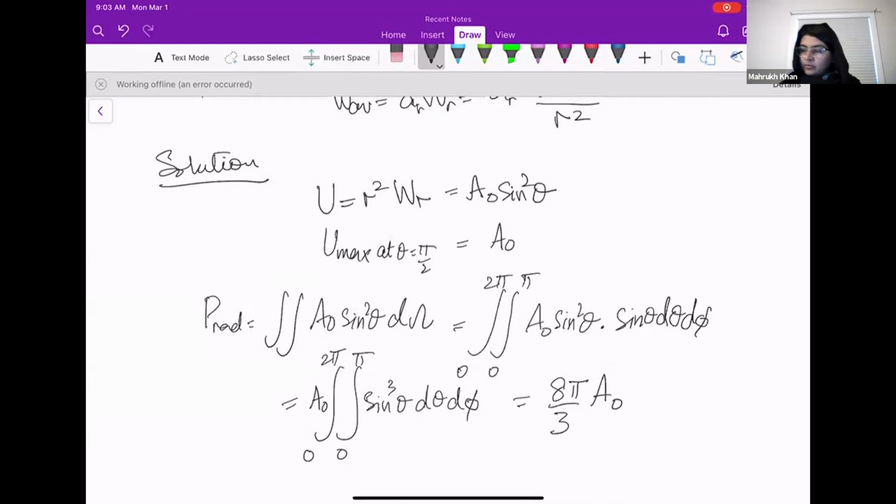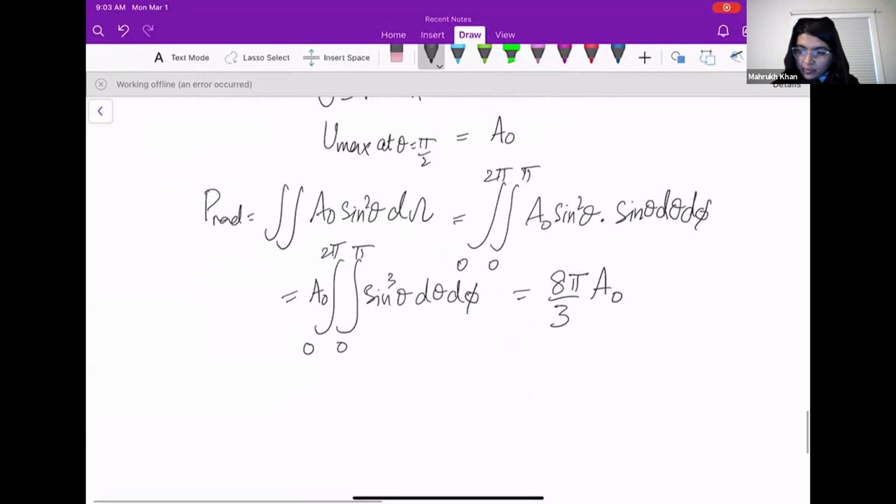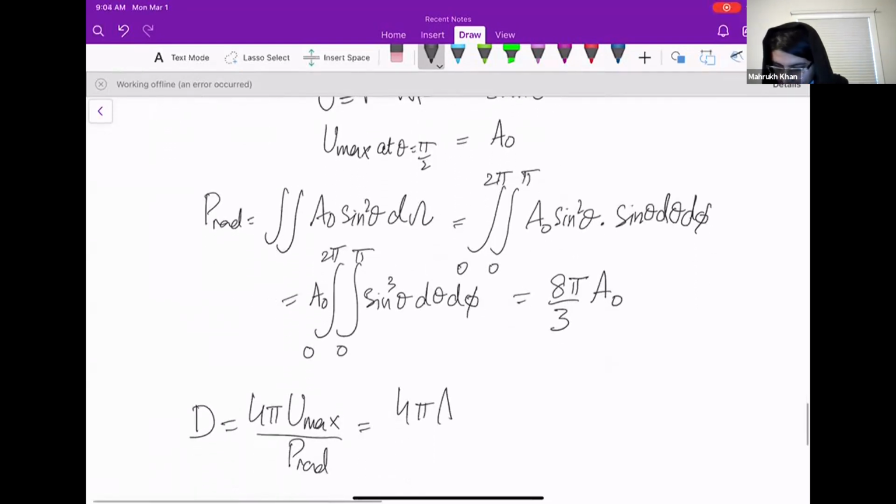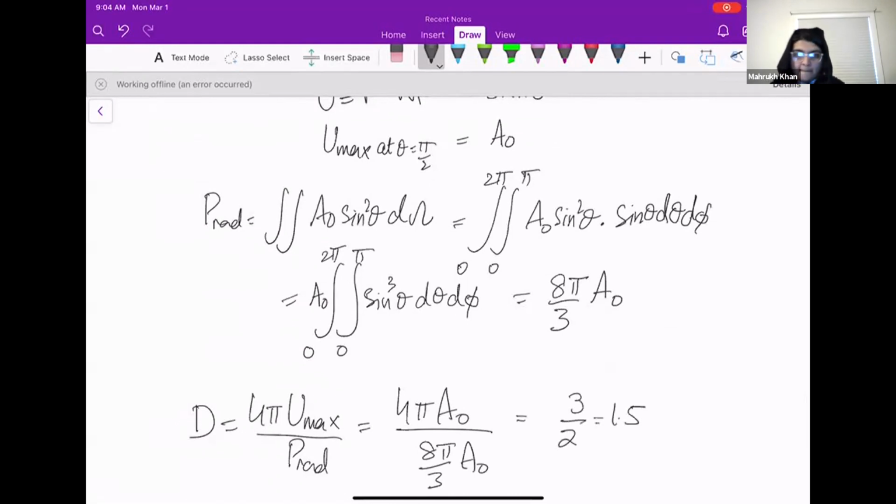Okay, so it's A naught 8 pi by 3. So our directivity will be 1.5, right?